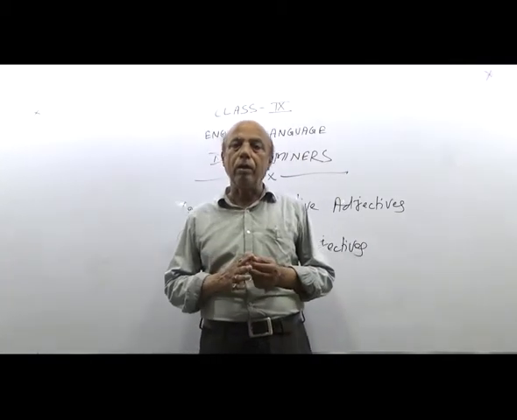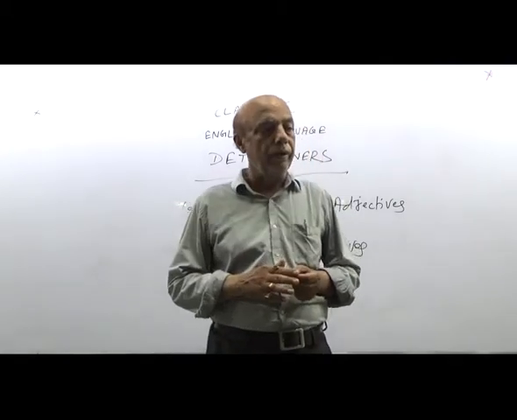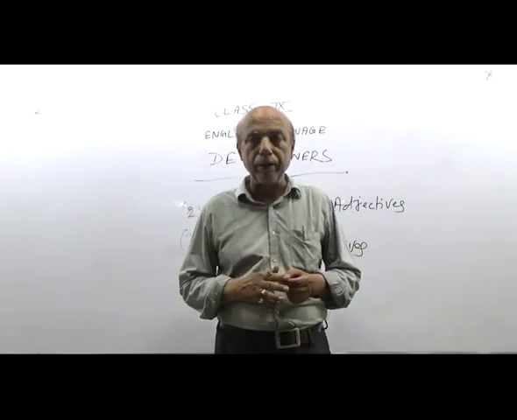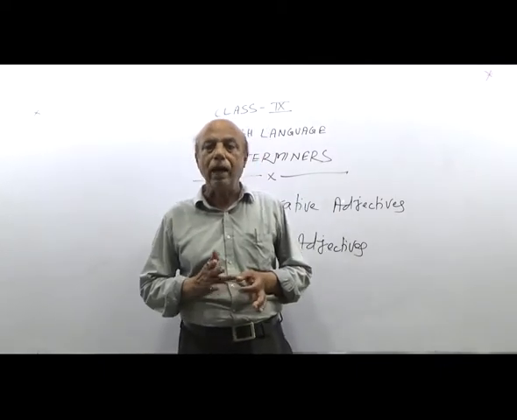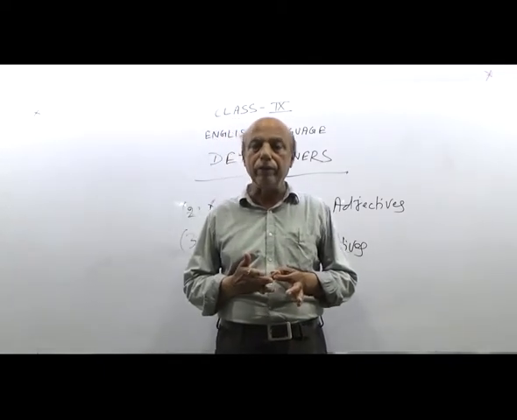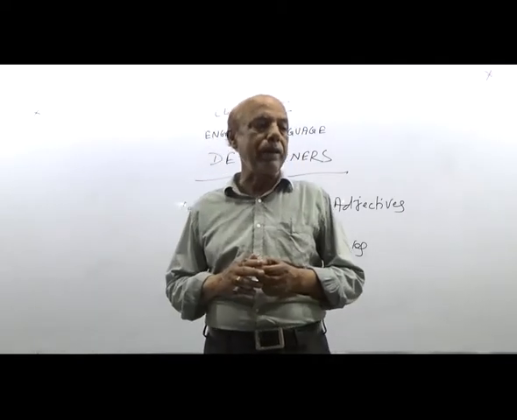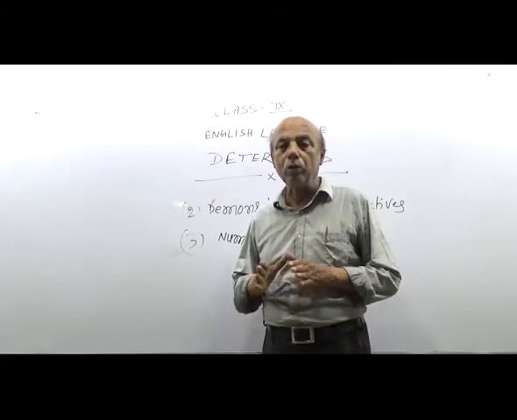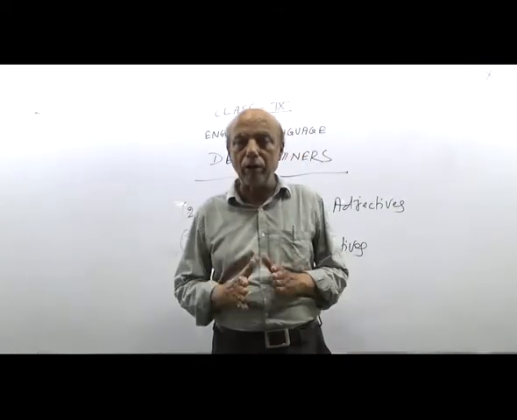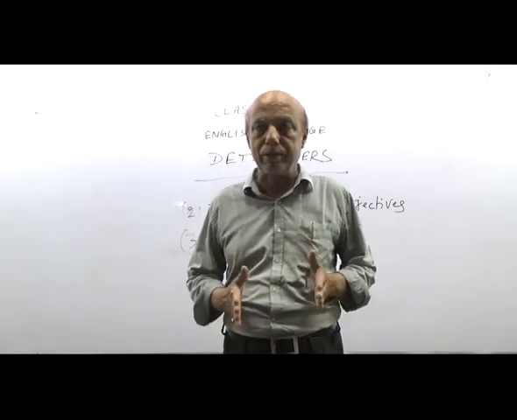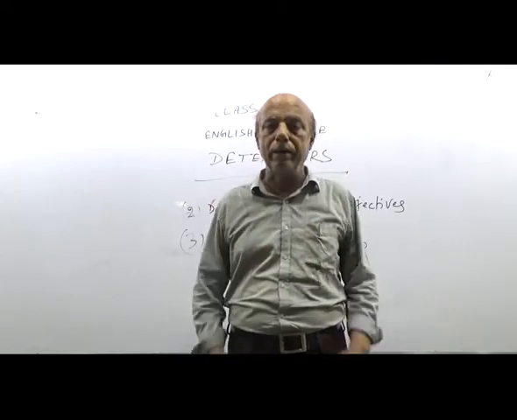The first part of the numeral determiners is definite determiners, the second part is indefinite determiners, and the third part is distributive determiners. Definite determiners means 1, 2, 3, 100. These are called definite determiners, as they are one of the parts of the numeral determiners.